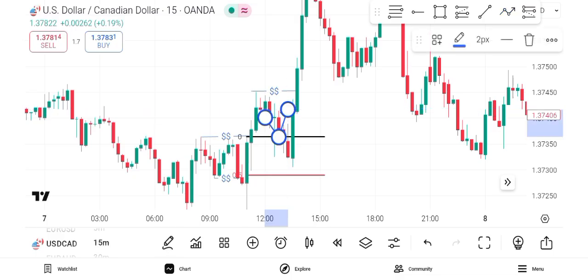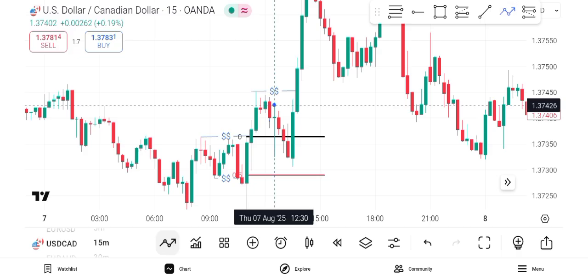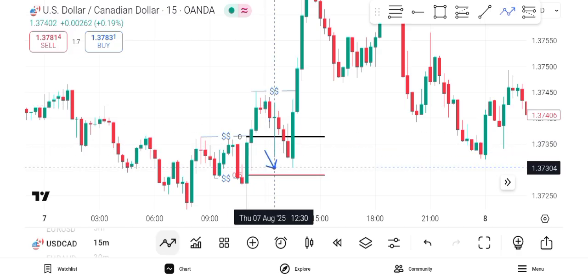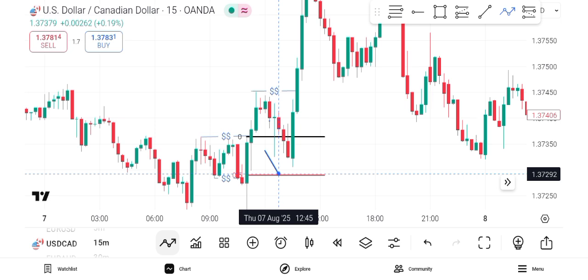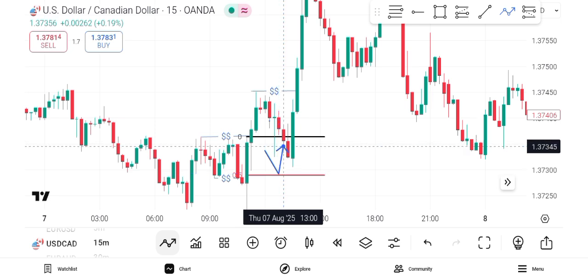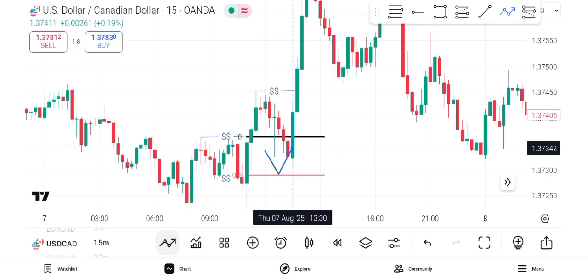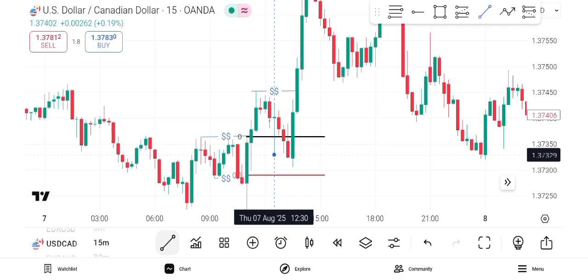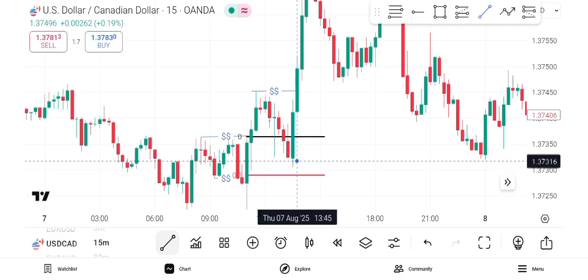So take note of that, guys. Your structural liquidity must be inside this 50% of the Fibonacci tool. Hope you guys take note of that. So it must be on this 50% or close to it, like this one.